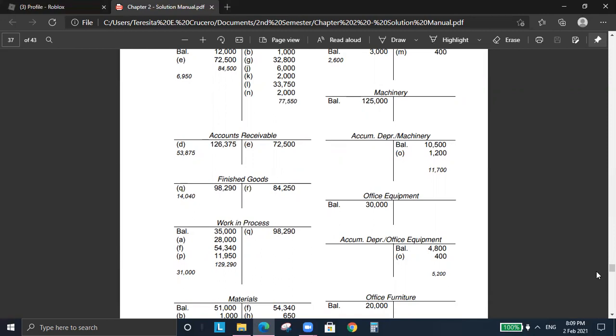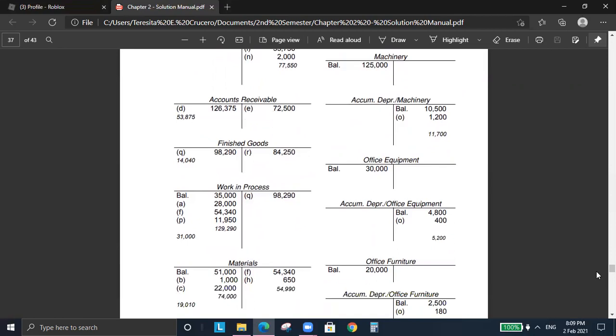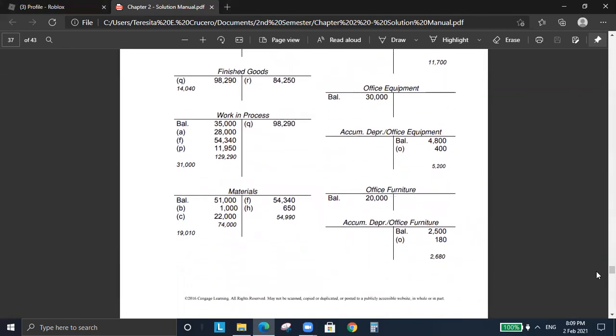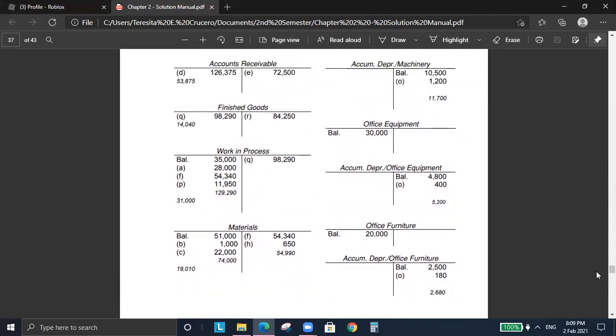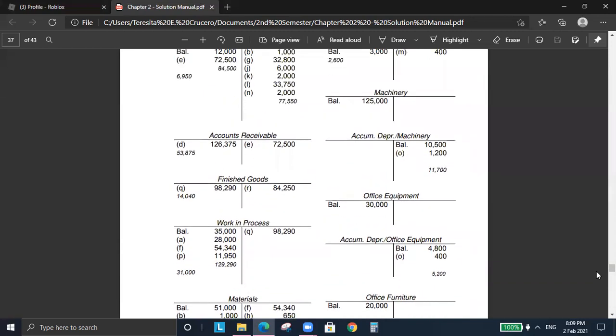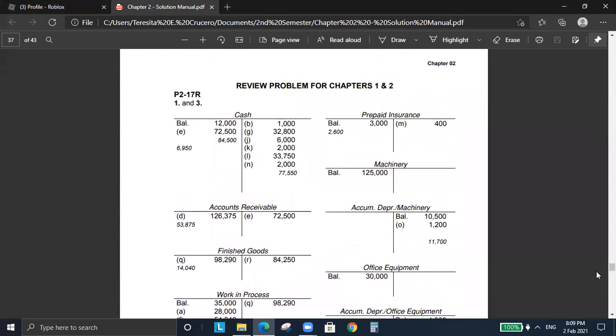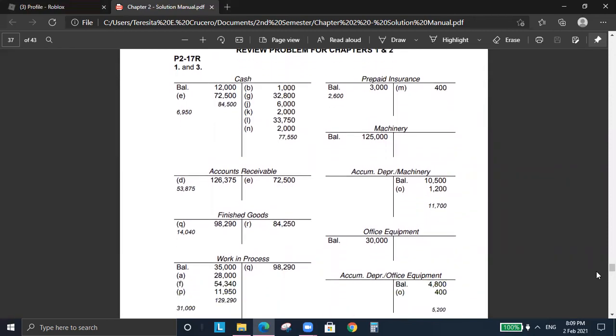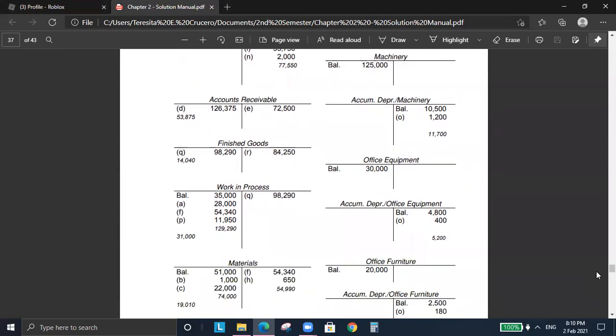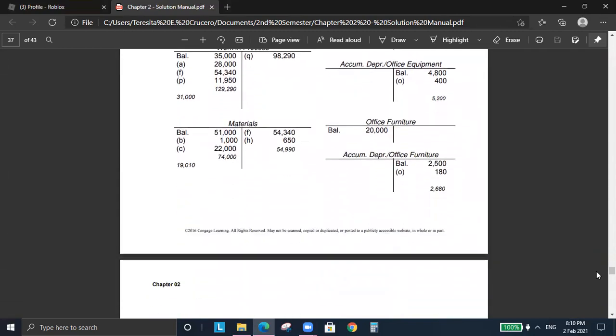Then we have office furniture. Here we have a debit of 20,000 and accumulated depreciation of 2,500, a credit. Then accounts payable, 30,000.